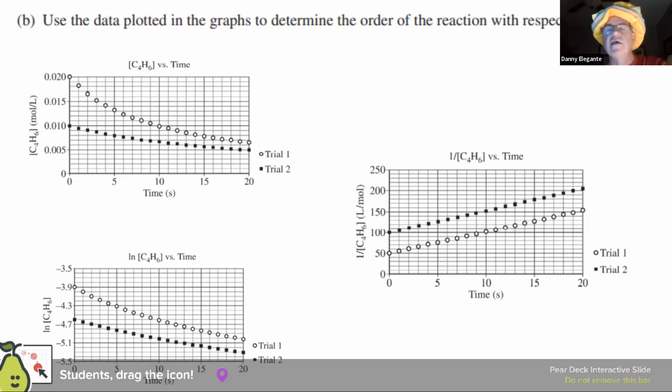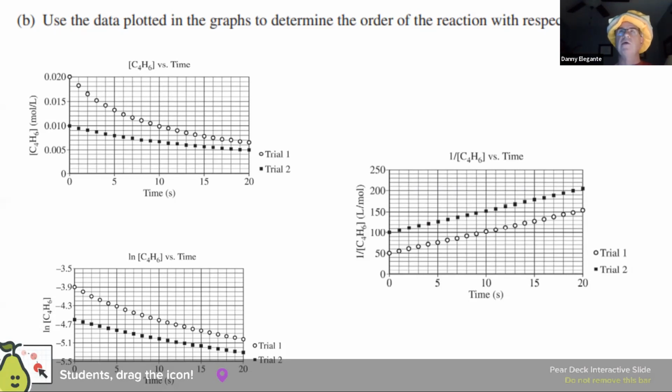That straight line means that's the one telling me what the order is. I just need to remember my integrated rate laws. I wish I had a reference sheet. Well, on your reference sheet under kinetics, they only give you 2 integrated rate laws. The first one is ln, so that's first order.